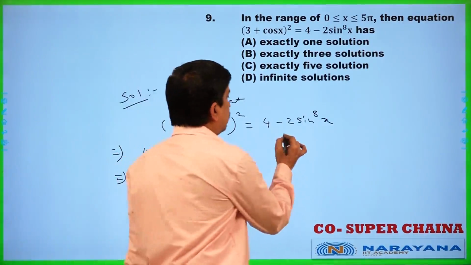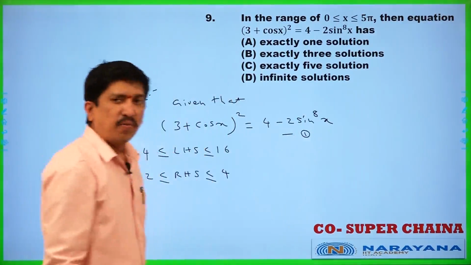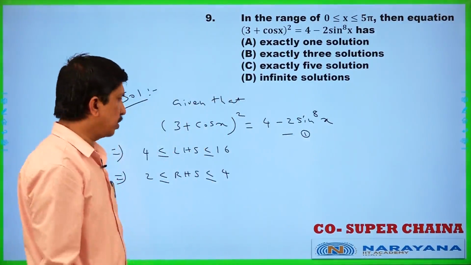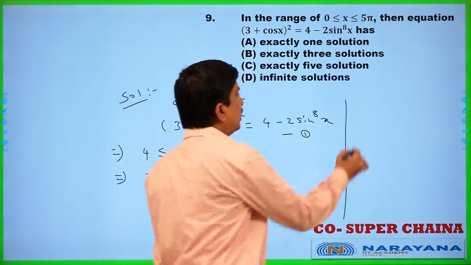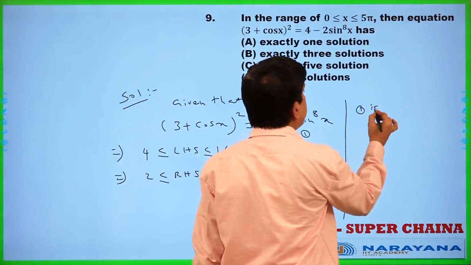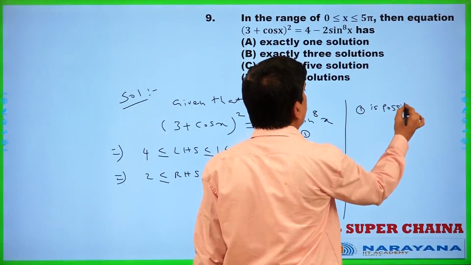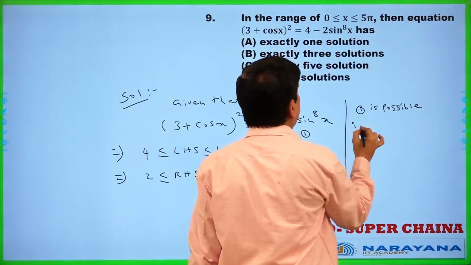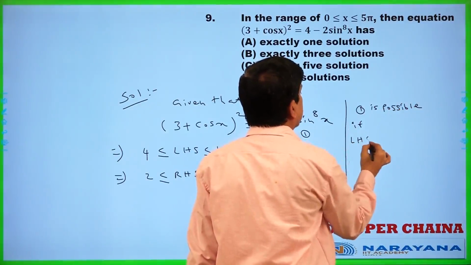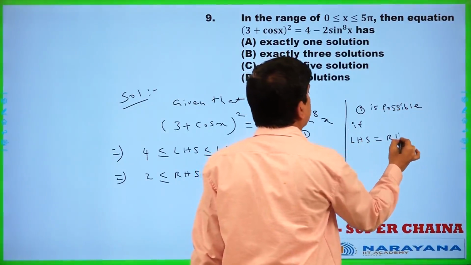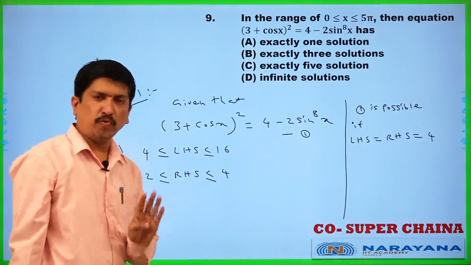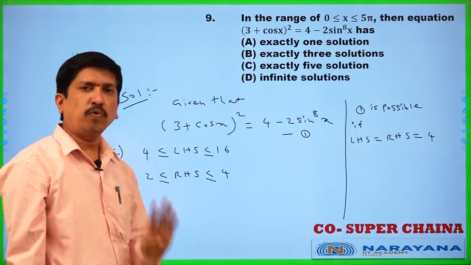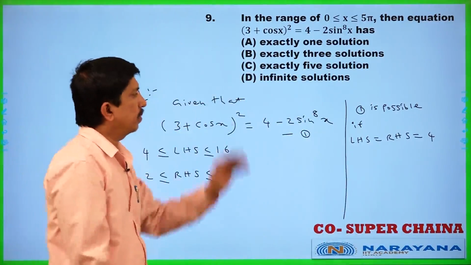I will call this equation 1. When is equation 1 possible? Equation 1 is possible if LHS equal to RHS, that is equal to 4. LHS should be 4, RHS should be 4, then only it is satisfied, otherwise not.